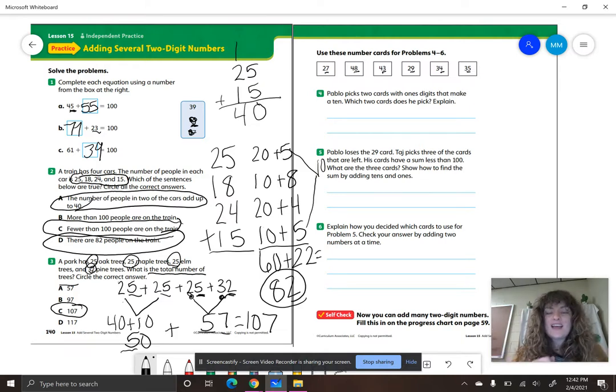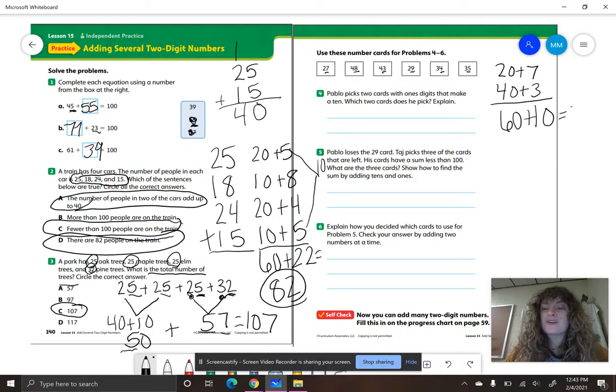So 27 plus 48. Well, that number has 8 ones, so it's not going to work. What about 27 plus 43? 7 plus 3 would make 10. So if I added 20 plus 7 and 43, 7 ones plus 3 ones would be 10. Plus 20 plus 40, 60. So that would make a group of 10.